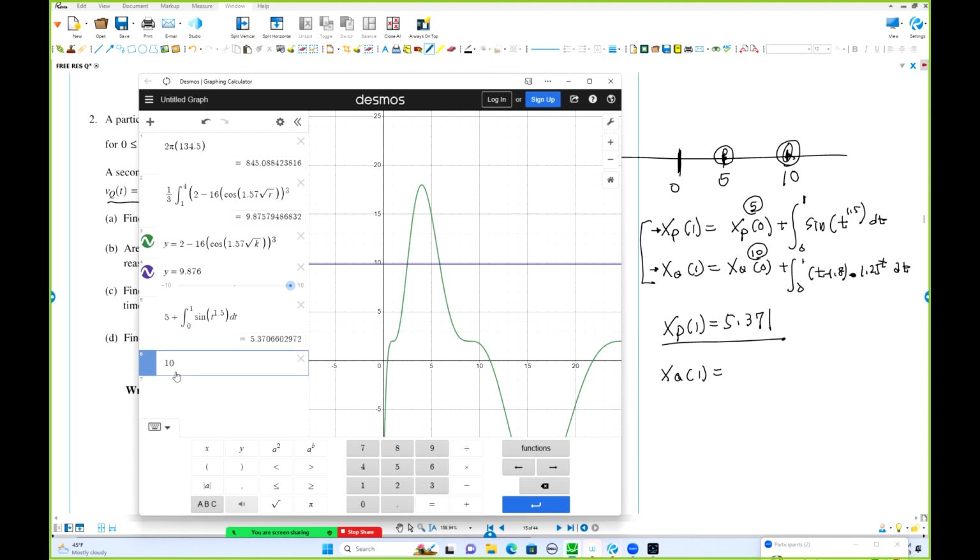From 10 over here plus, borrow this one, the integral from 0 to 1 of (t minus 1.8 times 1.25^t) dt.